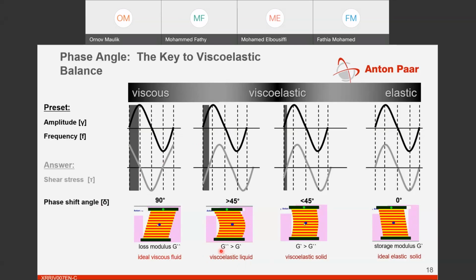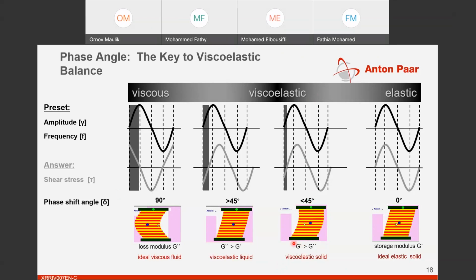As I have mentioned, G double prime gives you information about the viscous part, and G prime gives you information about the elastic part. Again, if I am measuring some samples and I get a phase difference, delta, lesser than 45 degrees, I can say that these types of materials are viscoelastic solids.